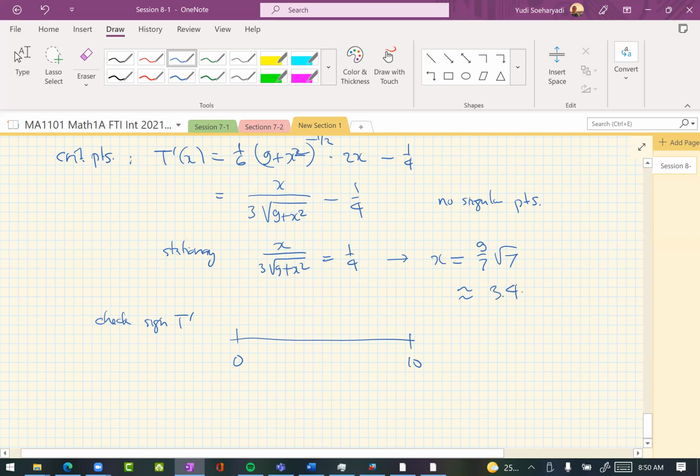Okay, so that's here. Just plug in here. Say plug in 4. If you plug in 4, you get 3 over the square root of 9 plus 16, so 3, 4, this is 5.